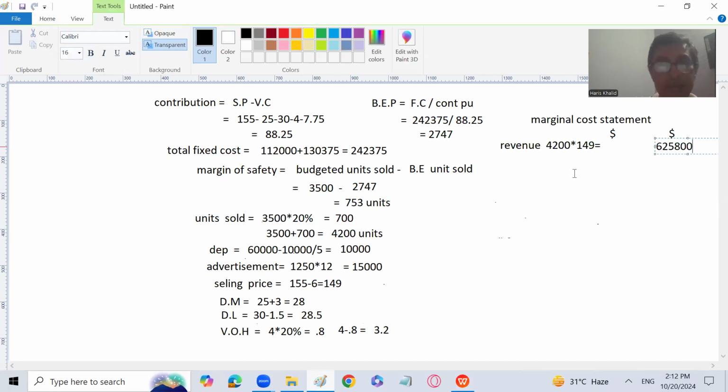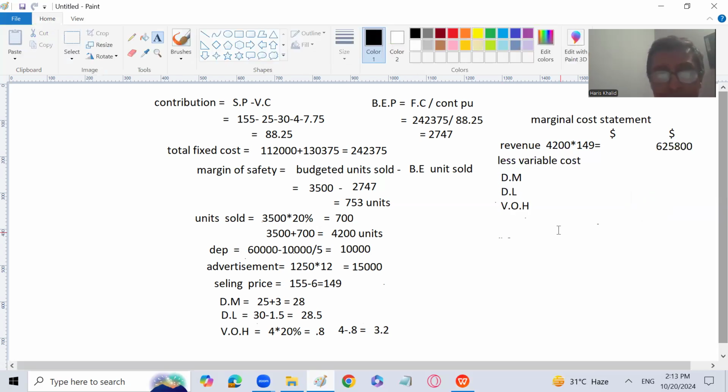Okay, that's fine. Less variable cost of sales, because you know that we used to subtract only the variable cost of sales from the revenue, and it includes obviously direct material. I am using the abbreviation, but you can't use. You have to write the full word actually. But I can use the abbreviation, the direct material, direct labor, and variable overheads.